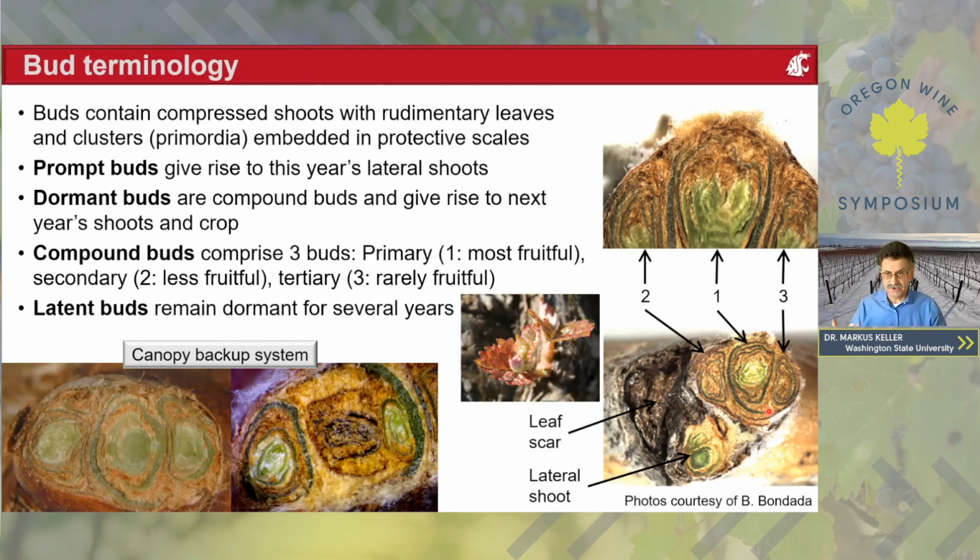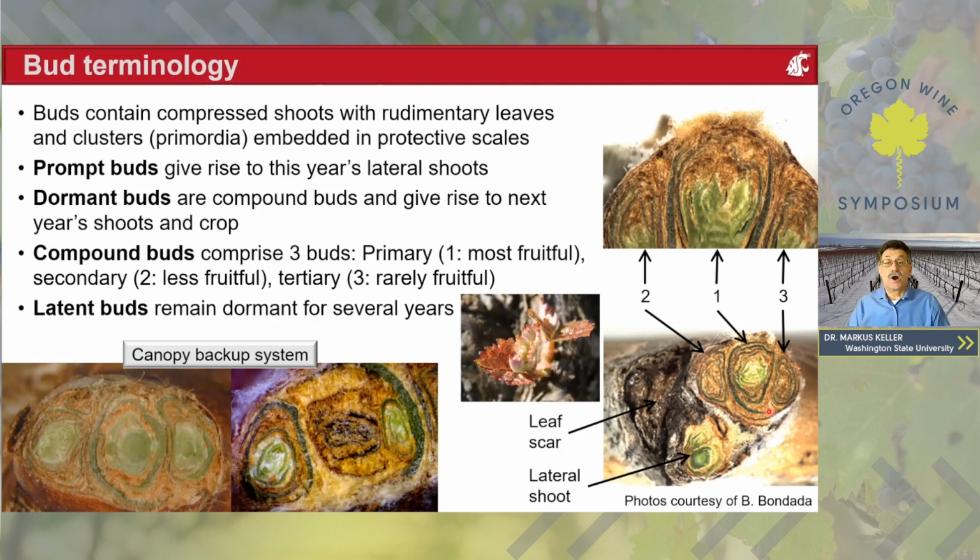Usually that gives rise to laterals during the current growing season. The dormant bud sits in the axil of a prompt bud. So in the first leaf axil of a prompt bud, the dormant bud is formed, and that is the backup system for next year's growth. The compound buds are what give rise to next year's shoots and crop.